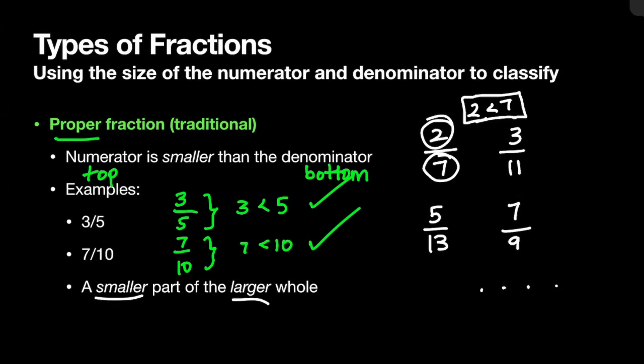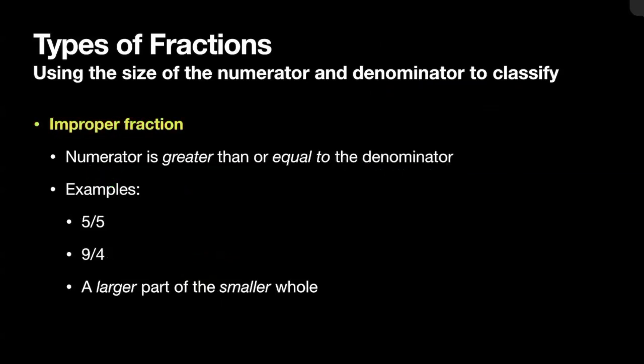So does that make sense to everyone so far? Is everyone understanding so far? Okay, so the second type of fraction is the improper fraction. So this is the opposite of the proper fraction.